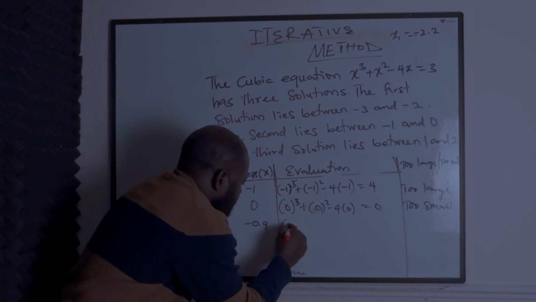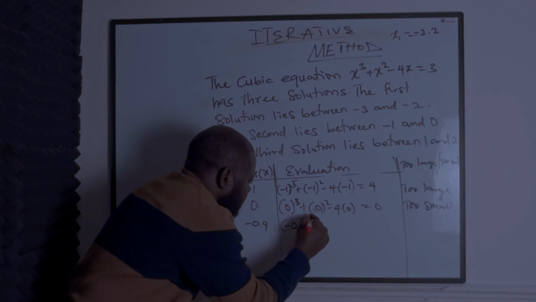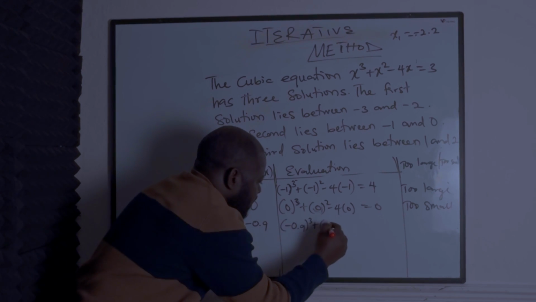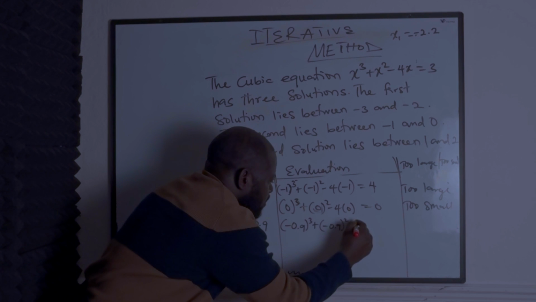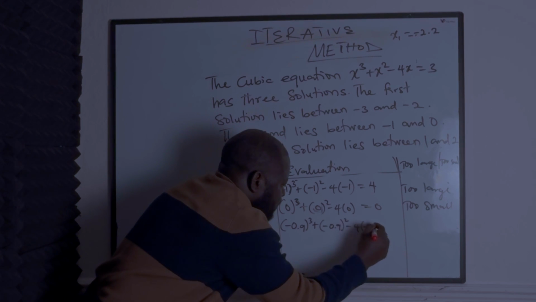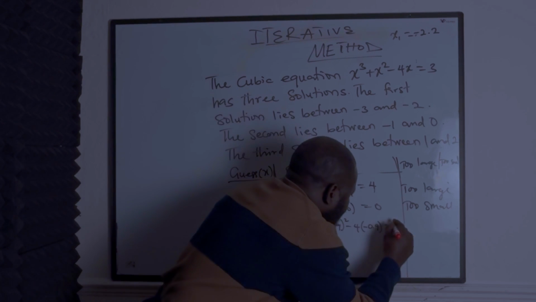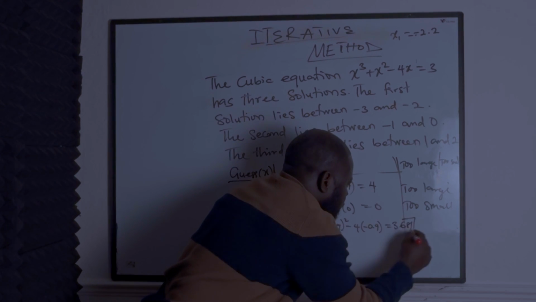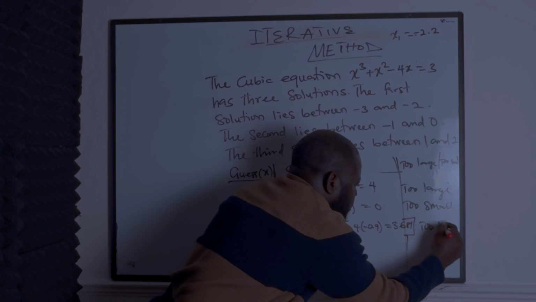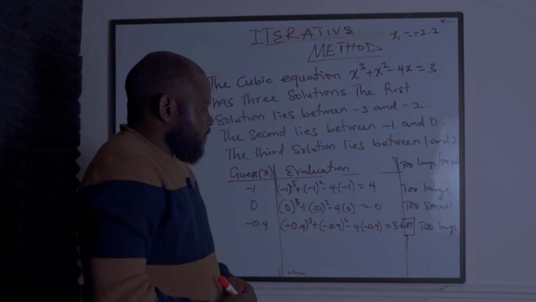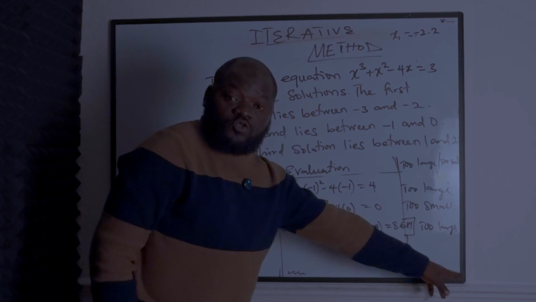Let's check. Minus 0.9 cube plus minus 0.9 square minus 4 into minus 0.9. That will give us what? 3.681. This is also too large. So we have 3.681. That is too large.